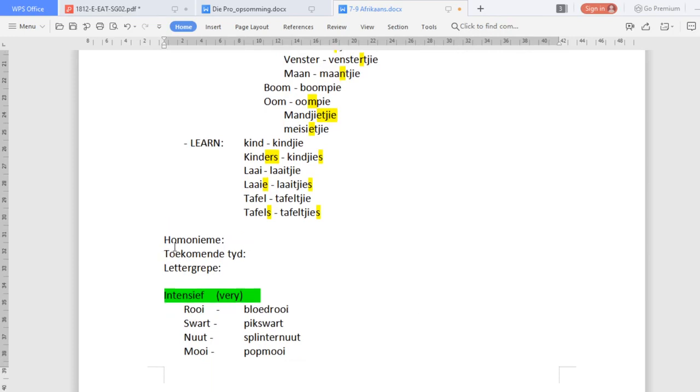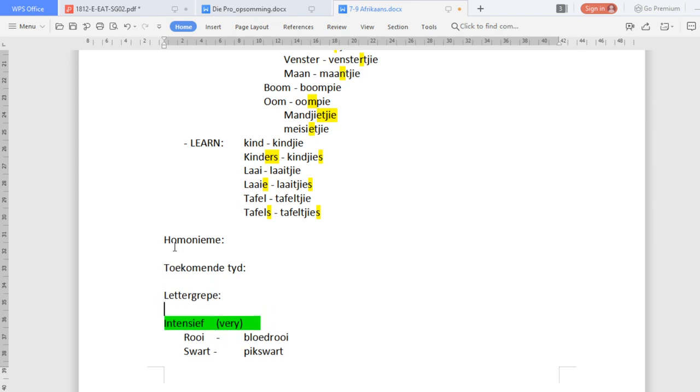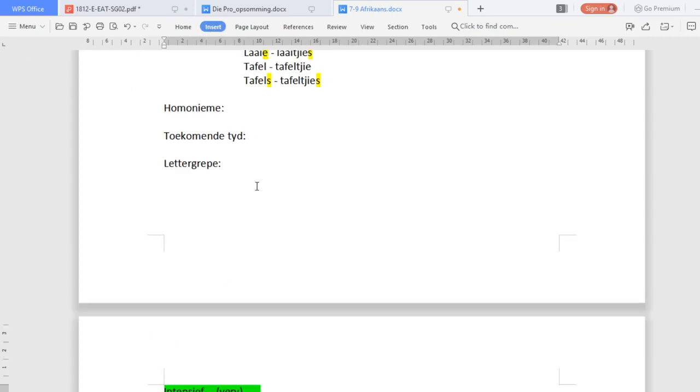Okay, then let's skip homonieme and toekomende tyd for now. And let's do some lettergrepe. Okay, a lettergreep is a syllable. I'm sure you remember in primary school when you clapped it, you say lettergrepe.